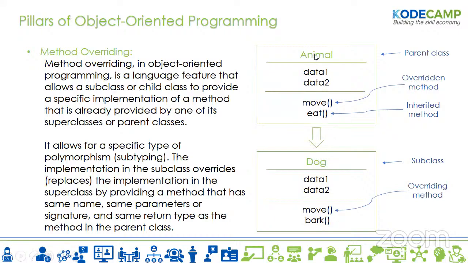So here we have the animal class, which is the parent class, and let's just overlook the data. Now it has two methods. One method here is move, and the other method here is eat.